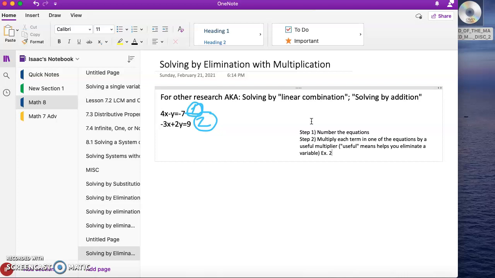Now I'm going to create a new one, which in this case is going to be 2 times 4x minus y equals -7. The 7 is still times 2. And that becomes 8x minus 2y equals -14.